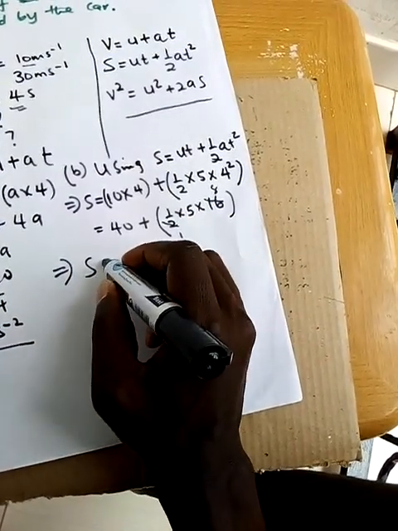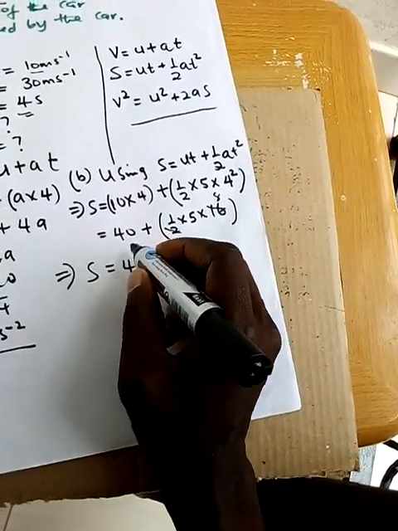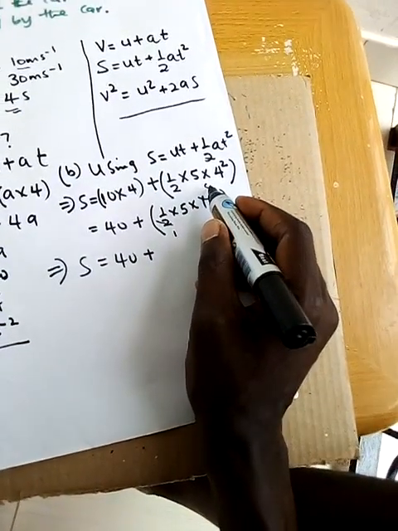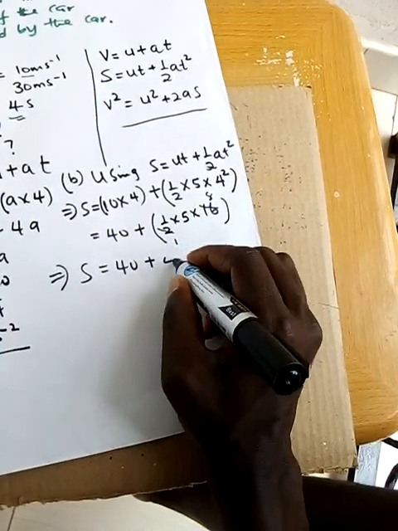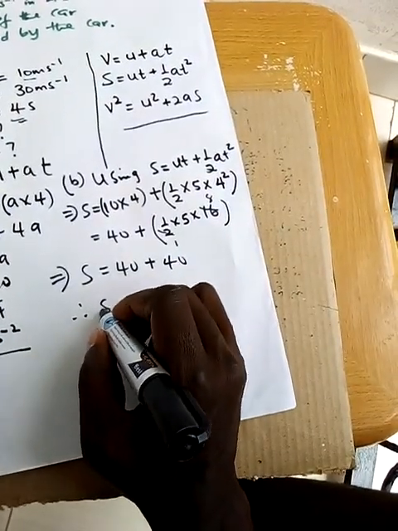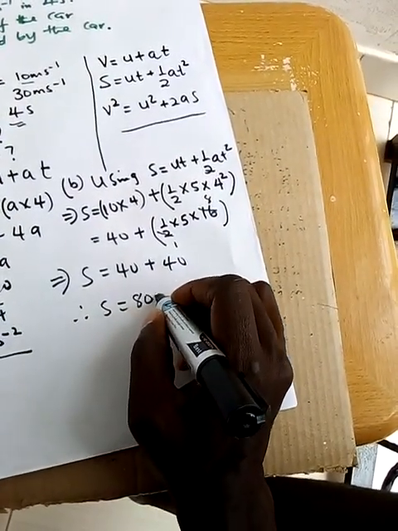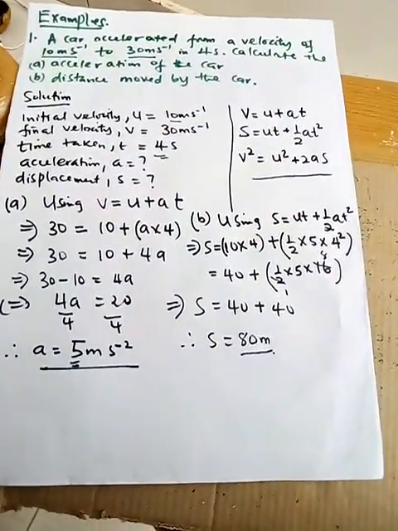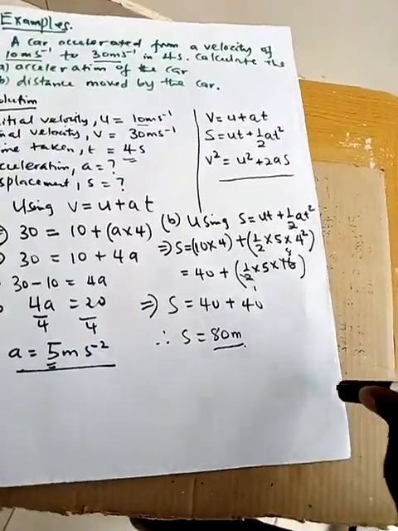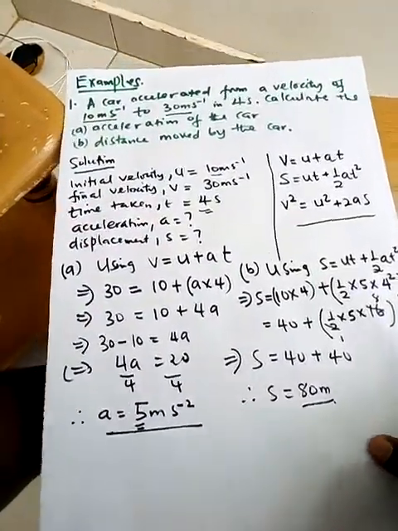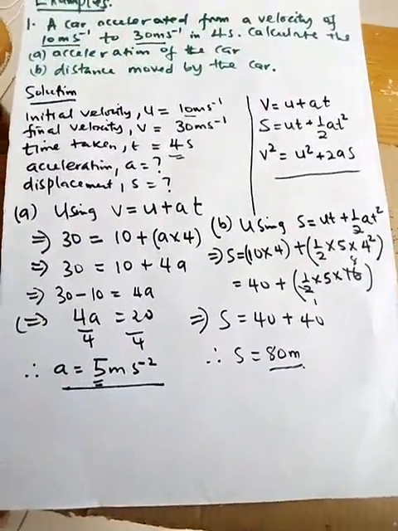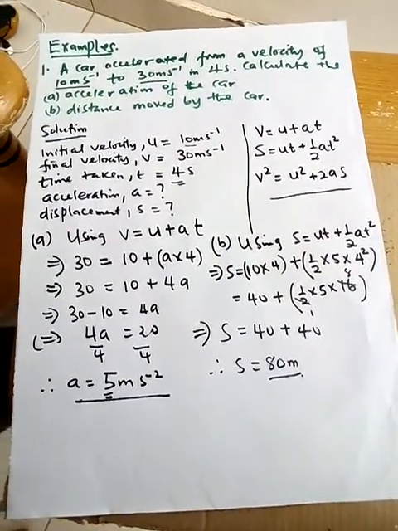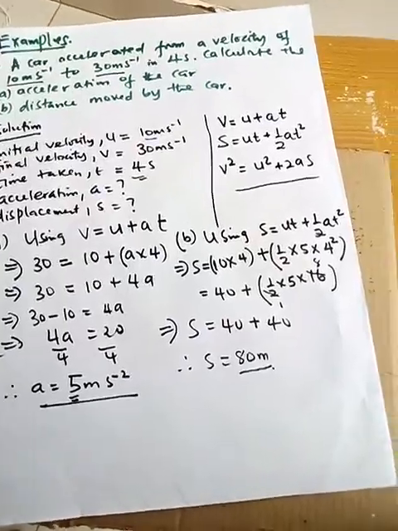So your distance is equal to 40 plus 1 times 5, which is 5, times 8, which is 40, divided by 1, which is still 40, and therefore S is equal to 80 meters. So that is the distance moved by the car. This is the proper application of the equations of uniformly accelerated motion.